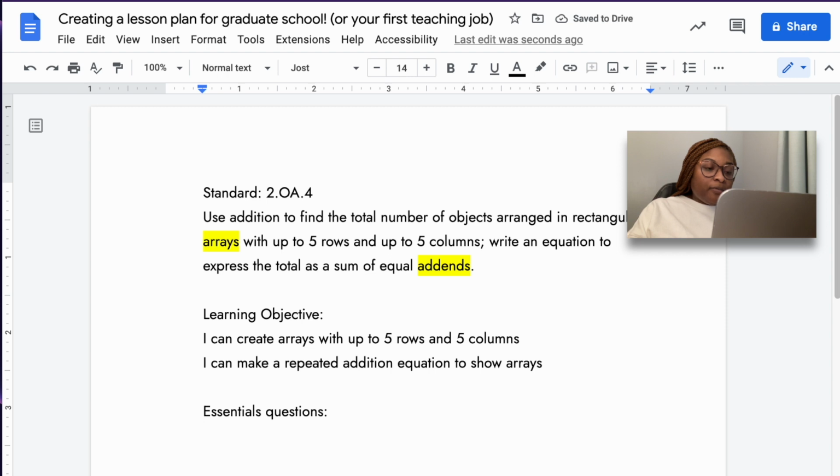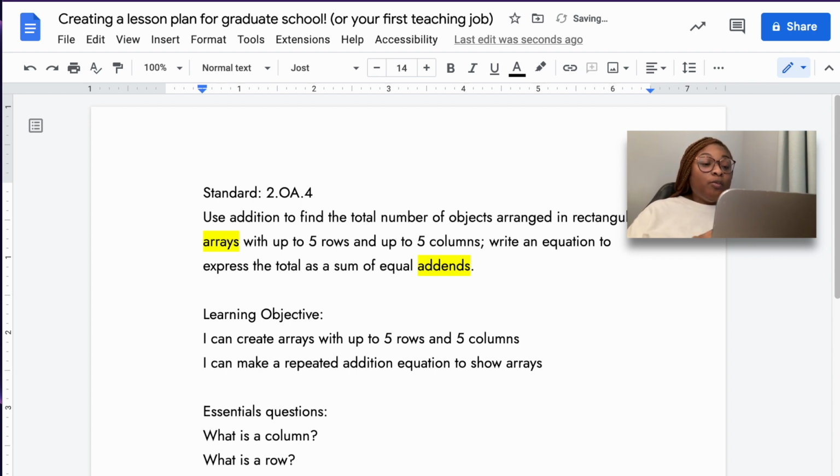They'll want to be able to know what a column is. What is a column? And what is a row? They should know, but in case not, these are questions that we're going to go over. What is an array? Because I'm pretty sure it'll be a new concept. They may not know what it is.